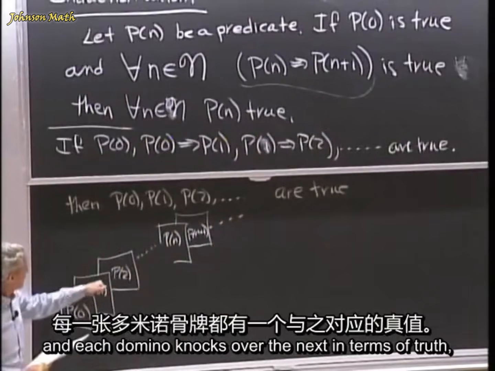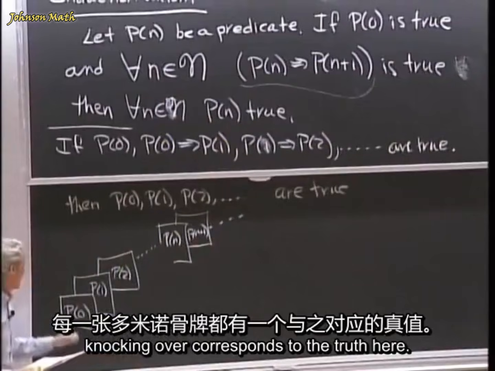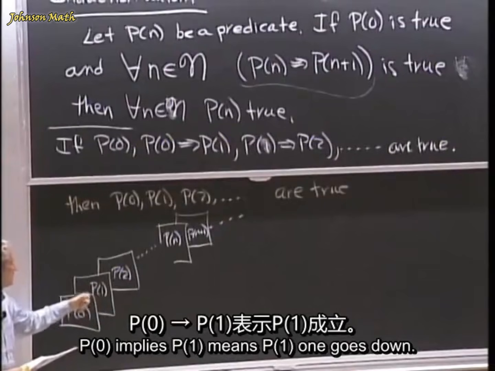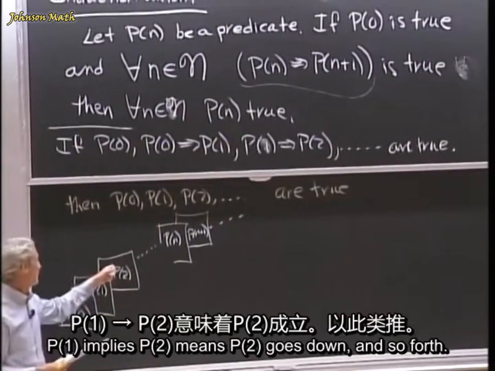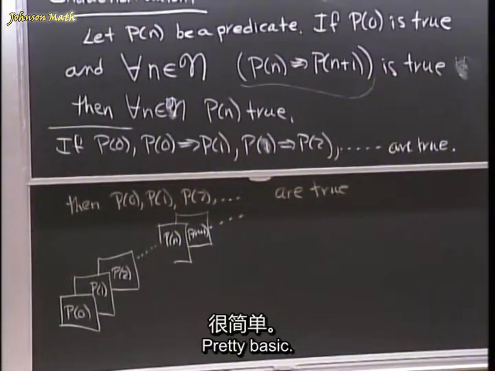And each domino knocks over the next in terms of truth. Knocking over corresponds to truth here. And if I know P0 is true, that means I knock over P0. P0 implies P1 means P1 goes down. P1 implies P2 means P2 goes down, and so forth. All right, pretty basic.